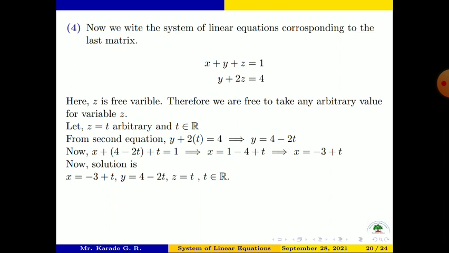Therefore we can change t infinitely many times. That's why we have infinitely many different solutions. Therefore the given system of linear equations has infinitely many solutions.